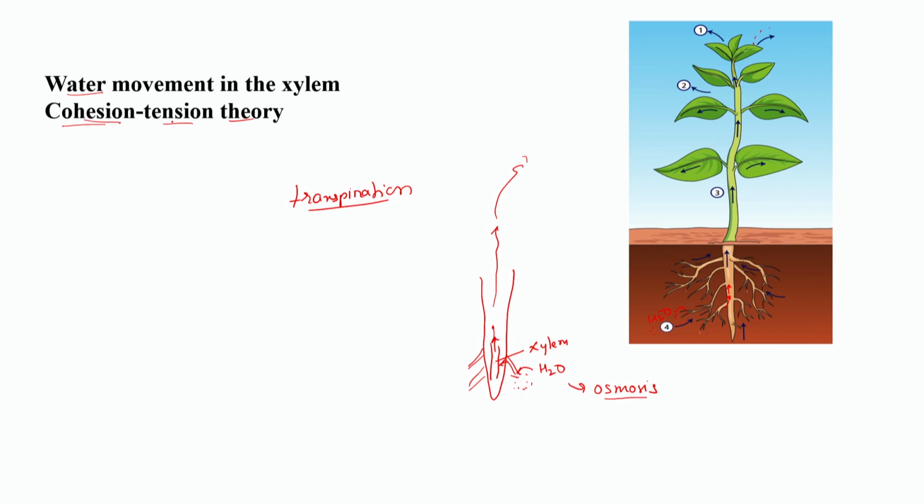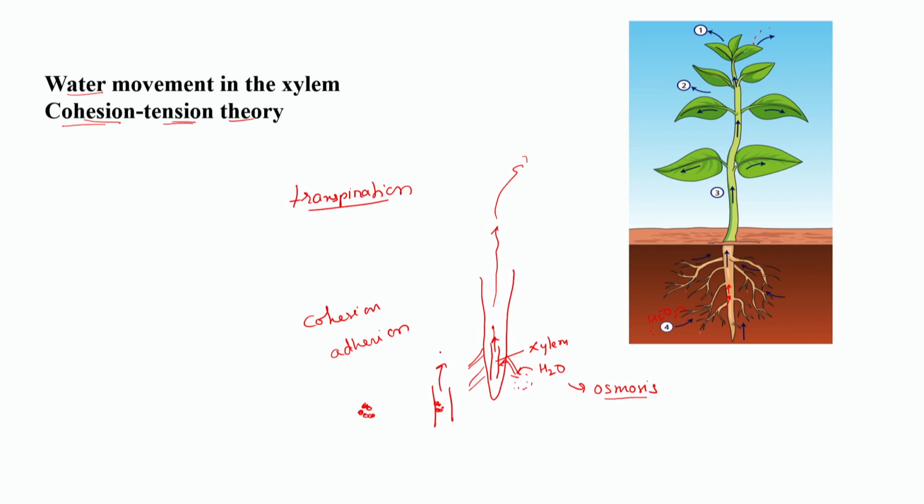There is a property of water known as cohesion and adhesion. Water molecules can stick to their own molecules, as well as to the surface. This sticky nature helps one water molecule pull another when they are under tension.